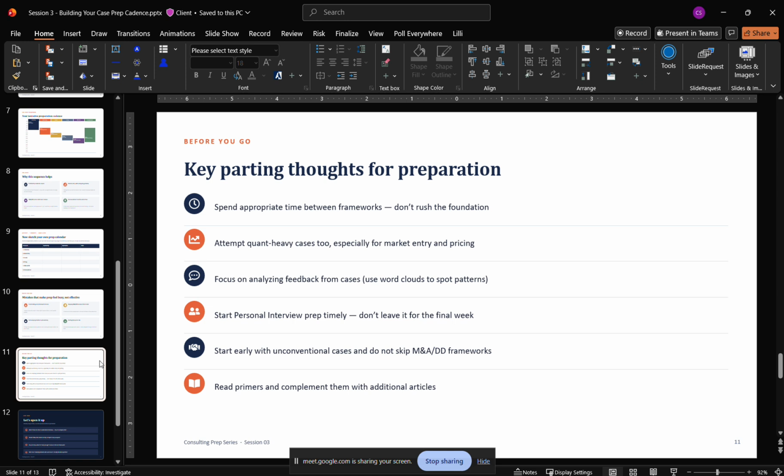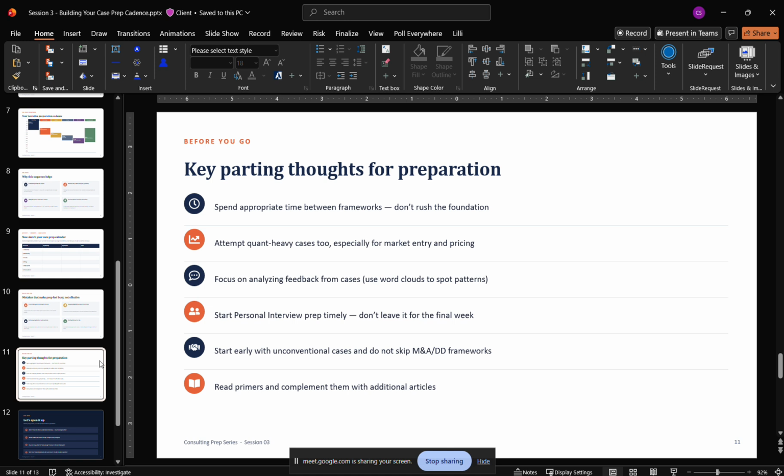Which goes back to my previous session that you don't need multiple case books to practice. Any one case book gives you a very similar footing. That being said, there are some types of cases which are more quant heavy compared to the others. For example, like I said, market entry cases have guesstimates, and they force the candidate to do more quant in real time to arrive at a conclusion.